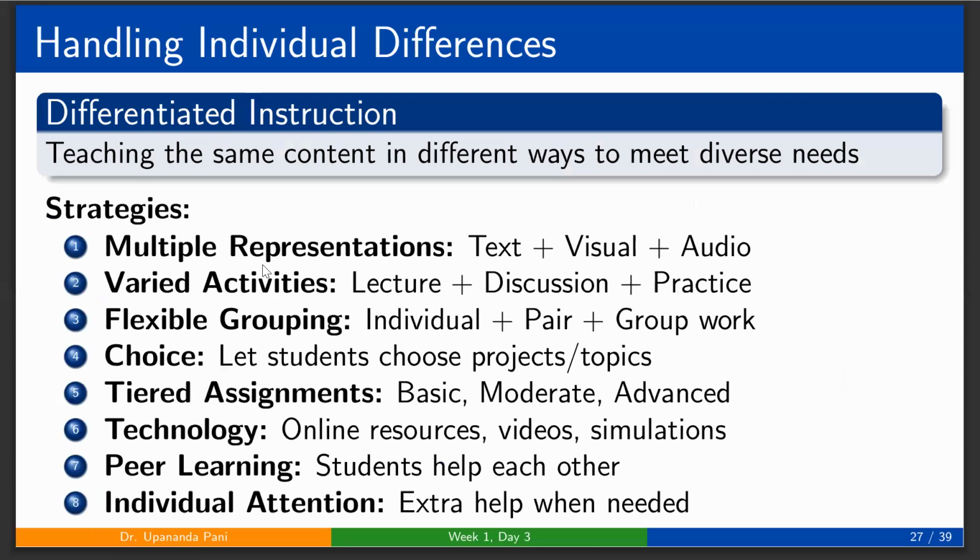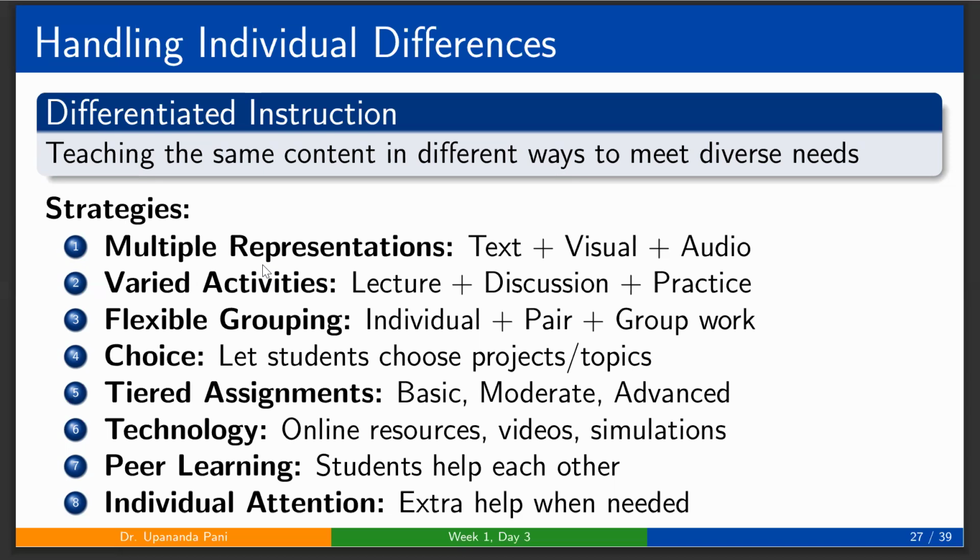Now, how can we handle these individual differences? First is differentiated instruction, teaching the same content in different ways to meet diverse needs. Strategies will be multiple representation, that is, you can use text plus visual plus audio in your teaching. Varied activities means you can use lecture, discussion plus practice.